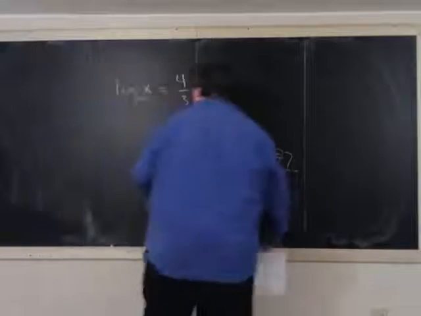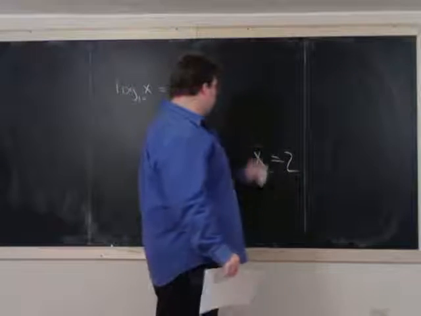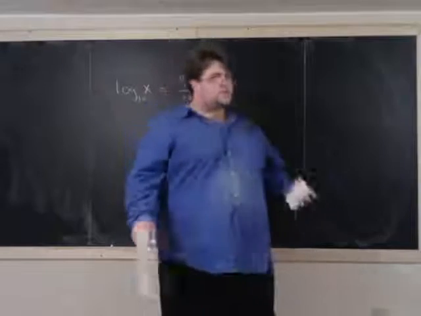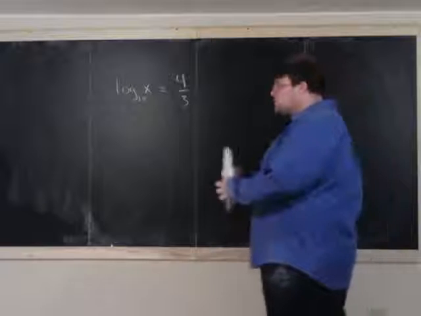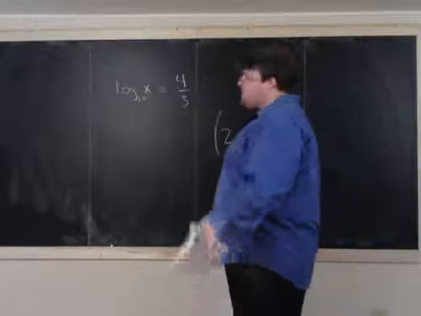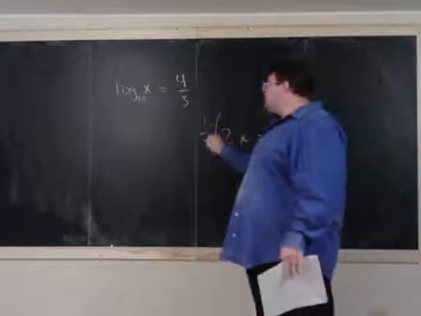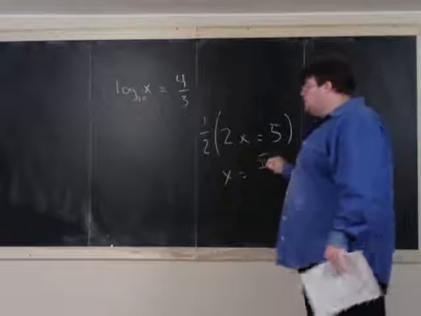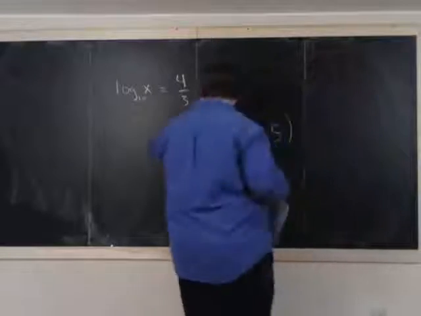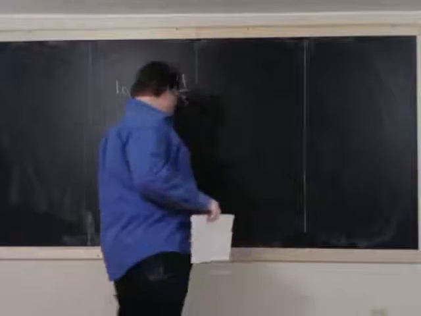Well, we defined logarithms to be the inverse of exponential functions. So a logarithm and an exponential cancel each other out, quite similar to how we can get rid of this 2 by multiplying by 1/2. We can get rid of that logarithm by taking an exponential. Which exponential?